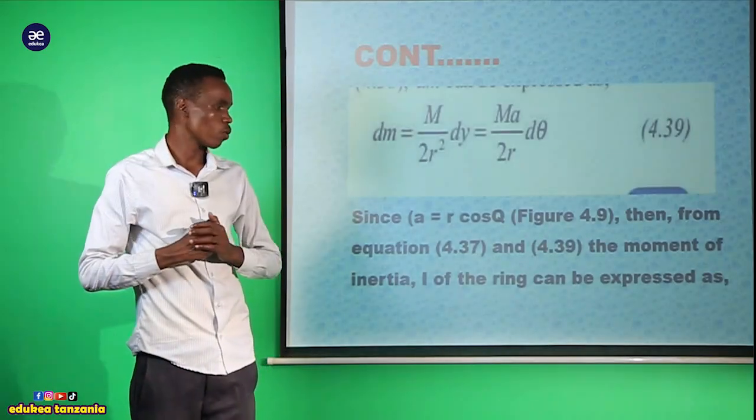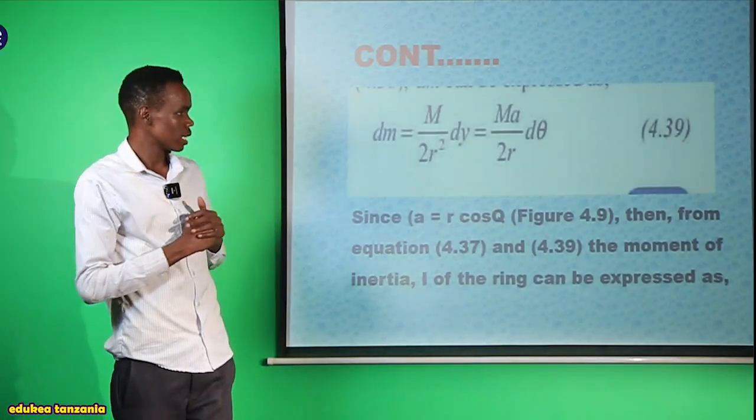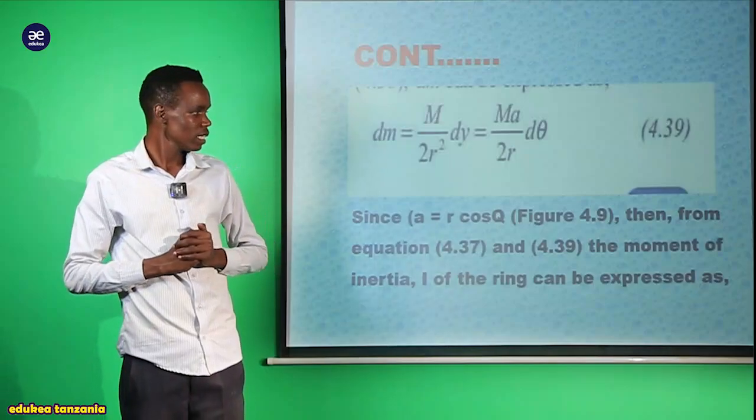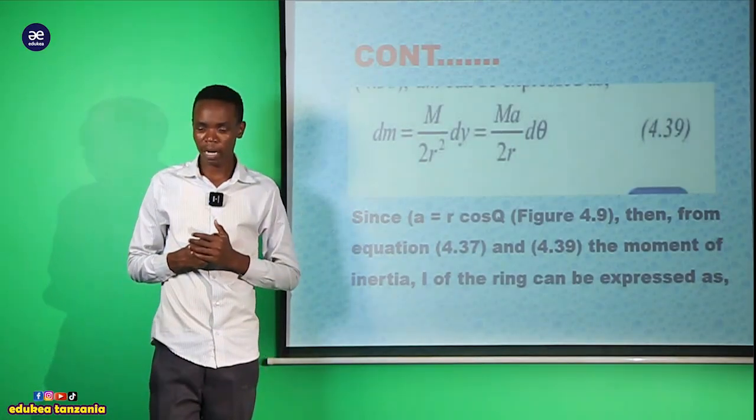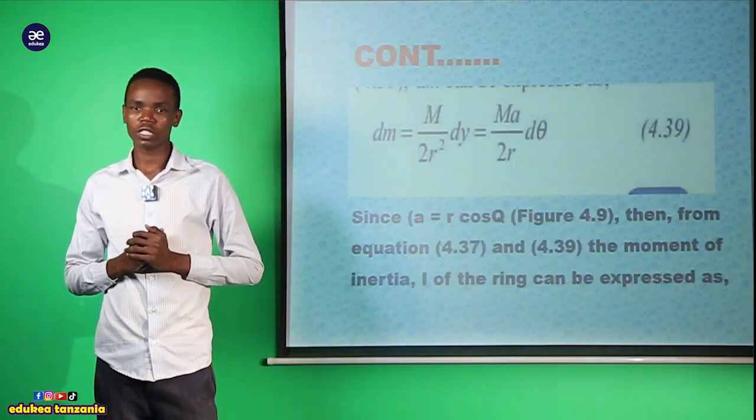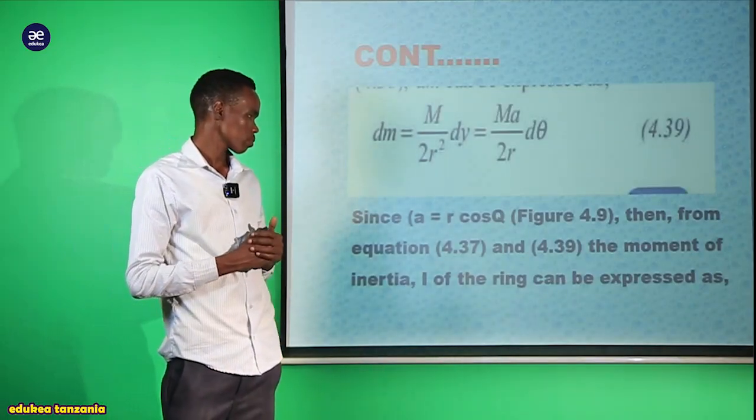So this is how we can find the dm. After getting this dm, this should be equation number 39 on our fourth topic, my dear students.